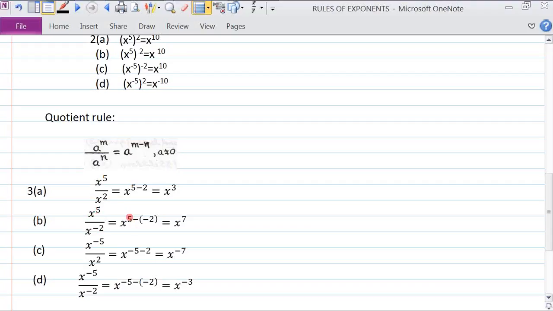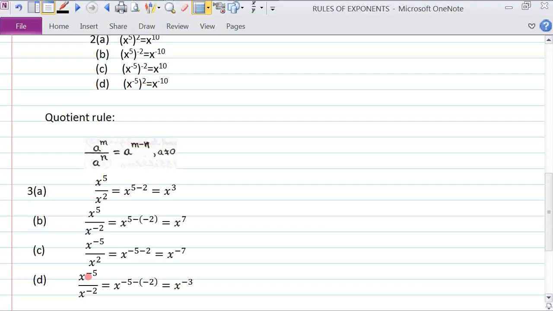This becomes x to the 5 minus, because I'm bringing this up to the numerator, and then it has minus 2 in front of it, so it becomes plus 2, and that's 7. I have x to the minus 5 over x to the 2, and I bring this up, it becomes minus 2, minus 5 and minus 2 is x to the minus 7.